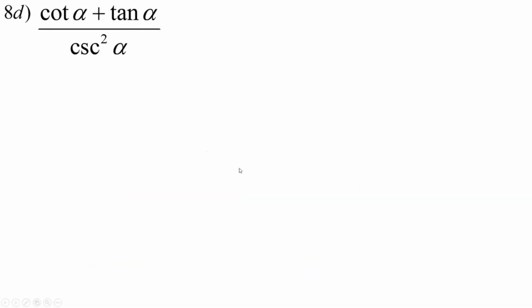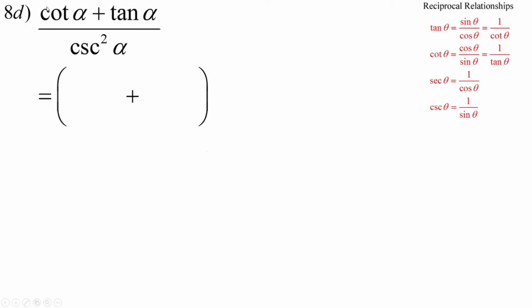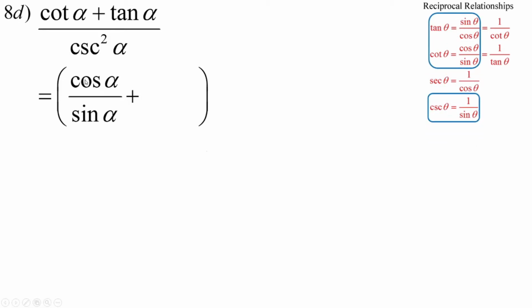All right, 8D. Oh man, we have cotangent, we have tangent, and we have cosecant squared. Again, we're probably going to use some reciprocal relationships here. So, first off, let's take this cotangent right here and write it as cosine of A over sine of A. And let's take the tangent and write that as sine of A over cosine of A. Now, I don't have a common denominator, but I will in a moment.